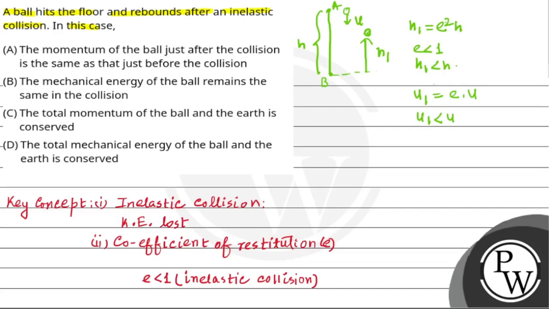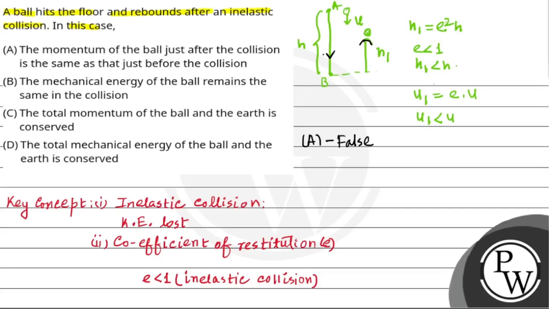First statement says the momentum of the ball just after the collision is same as that just before the collision. So this statement is false. Why? Because we can see before the collision, the ball is projected downwards, and after the collision, it is projected upwards. So as a vector quantity, this does not satisfy the conditions for conservation of momentum as the directions are different.